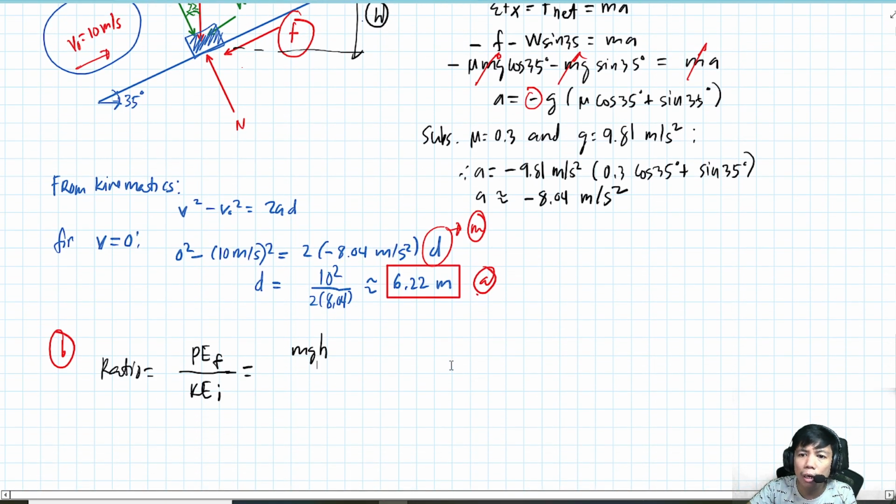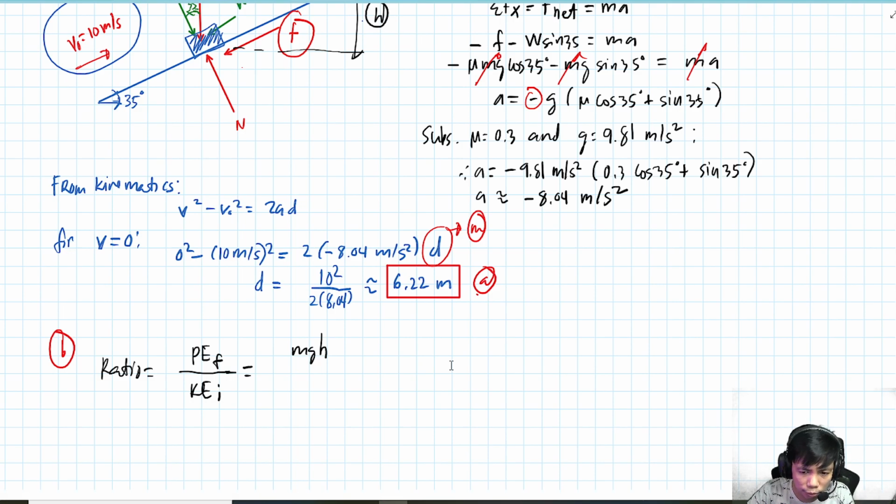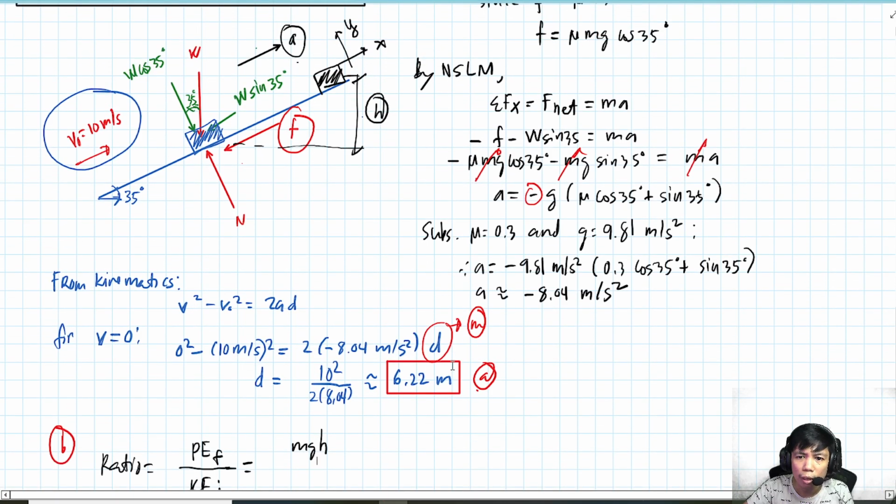Kasi, mas safe pag yung kinukuha natin is yung work done by the gravitational force. Same lang yung guys. Kumbaga, ito yung ating position.